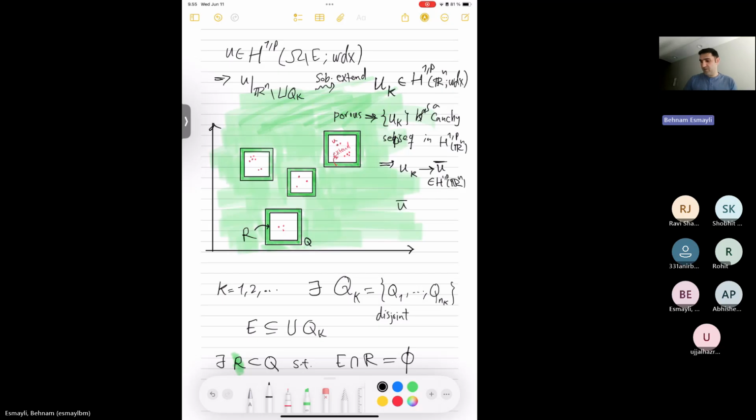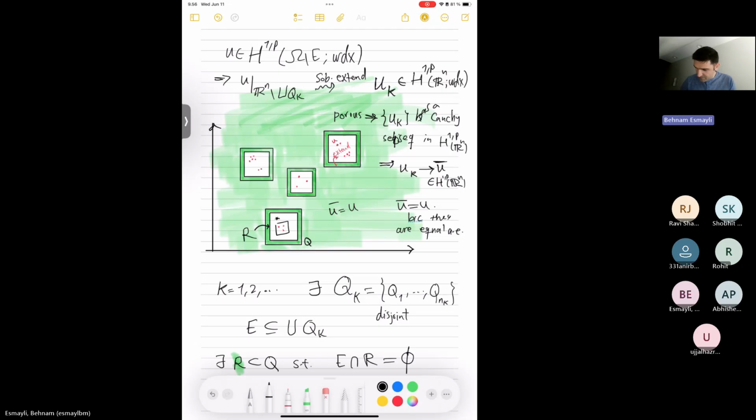But look, U bar must be just U because they are equal almost everywhere. But then you move to the next and next generation. So anytime you are not in E, at some point you will not be in the cubes.